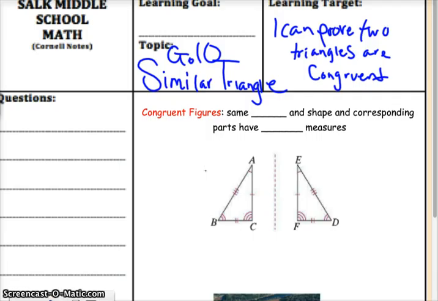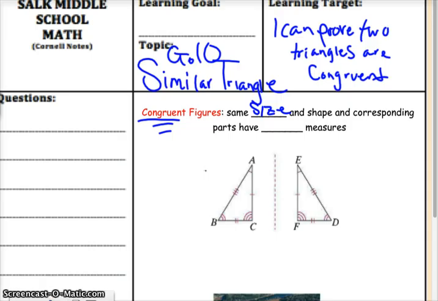So you need to know the definition of congruent figures. Congruent figures have the same size and shape. So they are the same. Similar have different sizes. Okay?